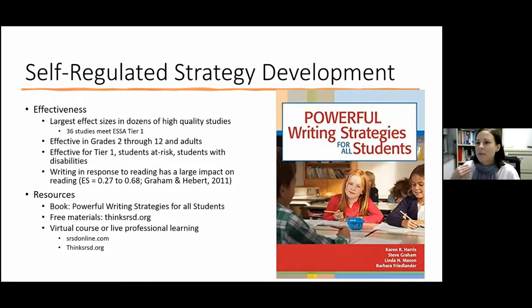But for self-regulated strategy development, we have dozens of well-implemented, high-quality studies that have positive effect sizes, and honestly, effect sizes that are three times larger than any other effect sizes that we see in education. So hands down, if you ask any of us what the best writing instruction that exists is, it's self-regulated strategy development. It works for grades 2 through 12.